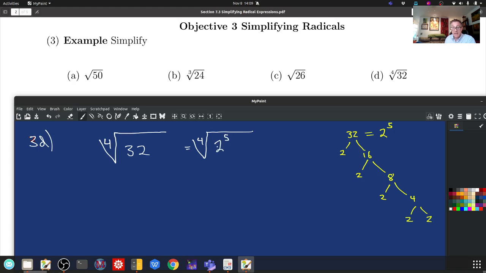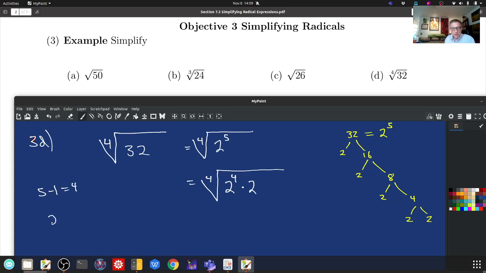Now here's the thing. If you have a power, an exponent, under the radical that is larger than the index, then what you need to do is to subtract numbers until you get a number that is evenly divisible by the index. So what I'm going to do here is write 2 to the 5th as 2 to the 4th times 2, because 5 minus 1 is equal to 4.